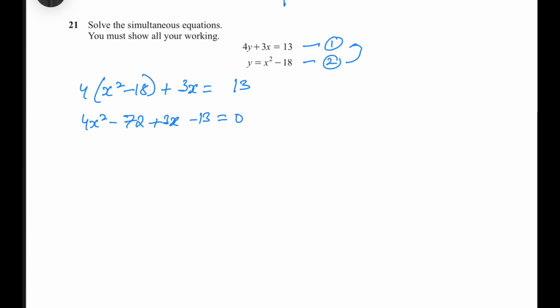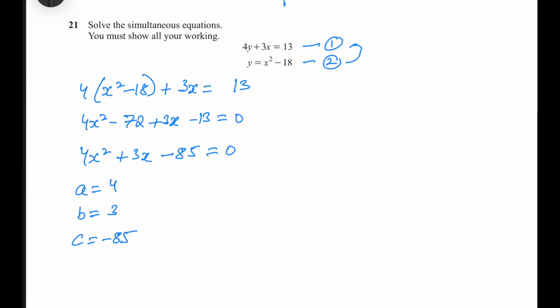So this will be 4x square plus 3x, and then 72 plus 13, which is minus 85, equals 0. We will use the quadratic formula, in which a is 4, b is 3, and c is minus 85.